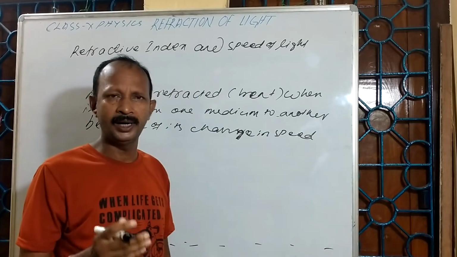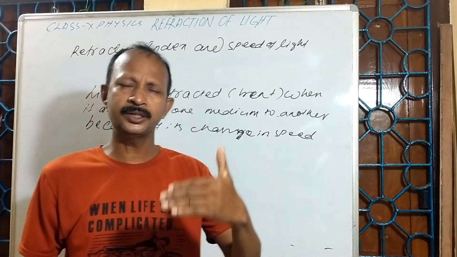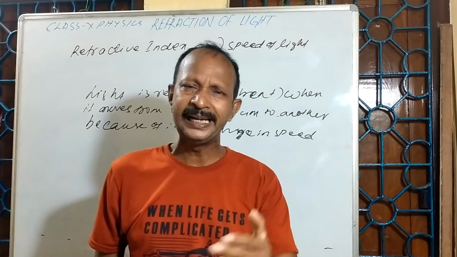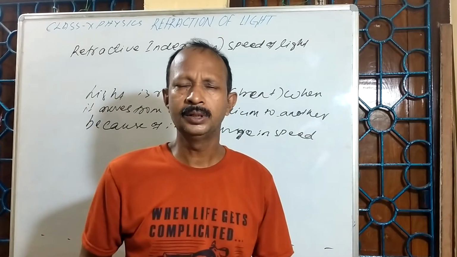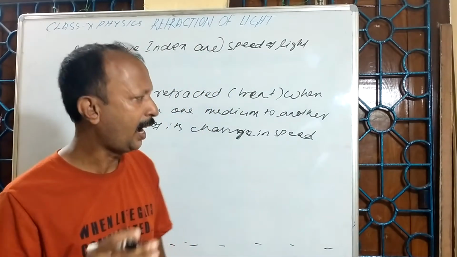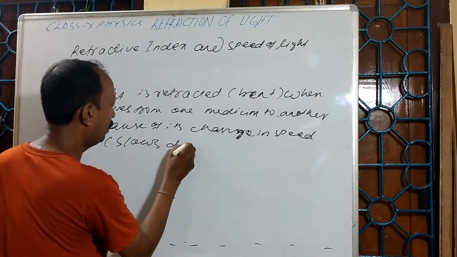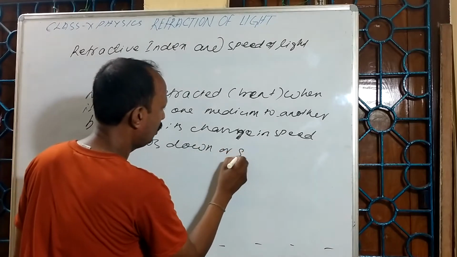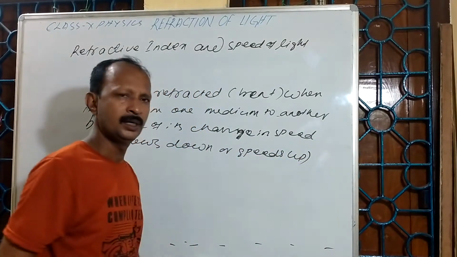That means while light travels from one transparent medium to another transparent medium, at the interface it bends due to change in its speed, either slows down or speeds up.